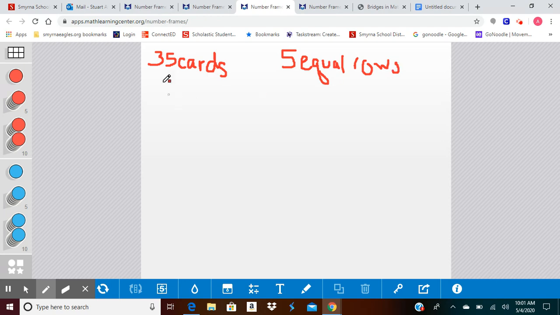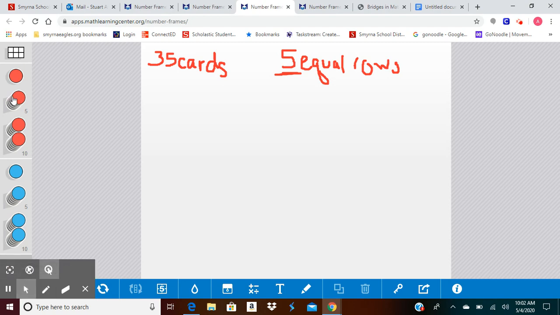So if I have 35 cards and there are 5 equal rows, I can start by making groups. And I can make groups of 5. Even though it says 5 equal rows, we know our arrays are going to be something by something, and one of those is going to be the number 5.